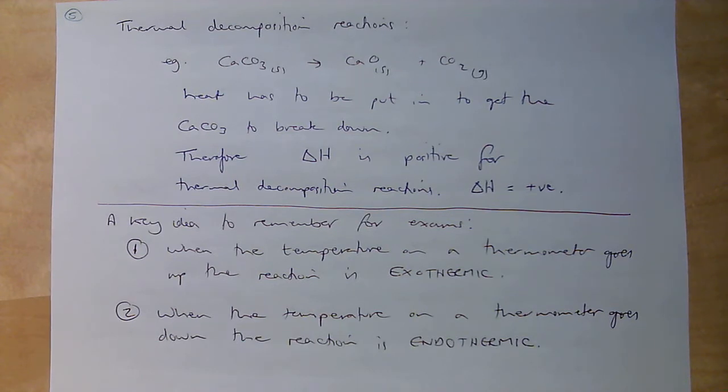Now, if we think about how this comes up in exams, generally you might have to draw an energy level diagram or an energy graph. But they also like to give you a thermometer and show a temperature reading.